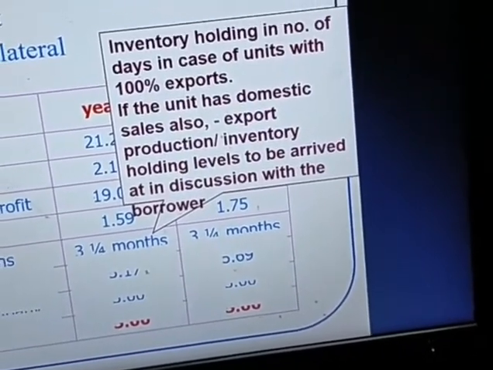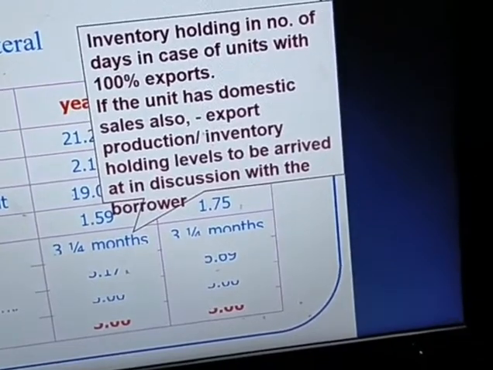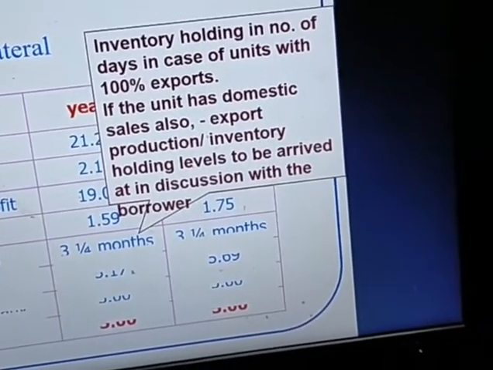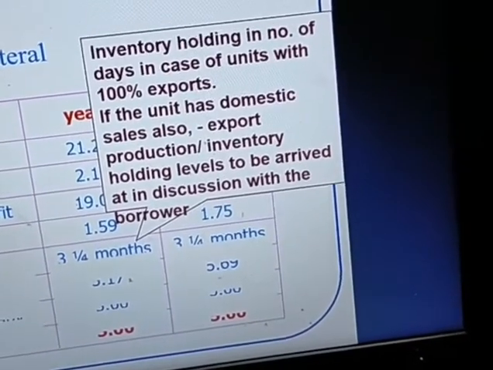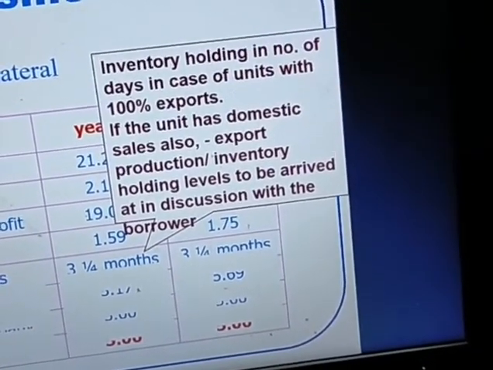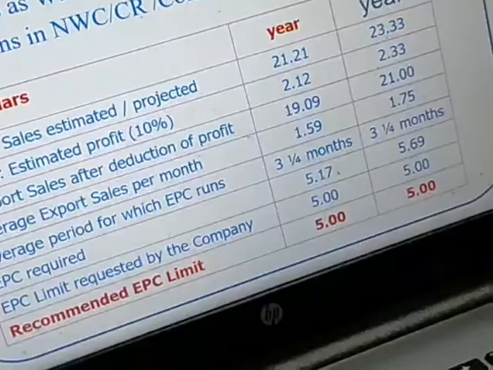Here, inventory holding in number of days in case of units with 100% exports. If the unit has domestic sales also, minus export production, inventory holding levels to be arrived at in discussion with the borrower.